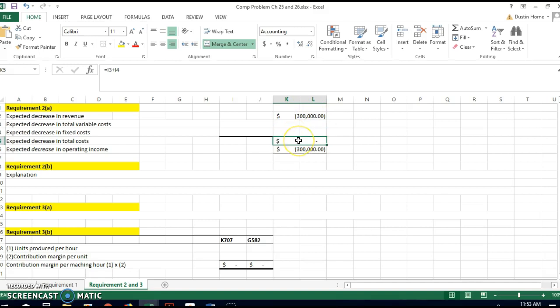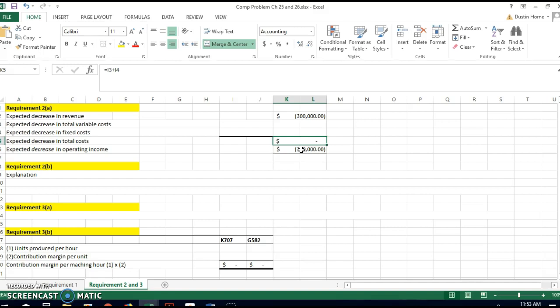Add up your total fixed costs. Now these are total cost, so you don't make it negative. The only reason the revenue is negative is because it is a loss. Add those two up, enter those costs, no parentheses, add those up, and then you will see that operating income is going to be a negative number, so operating income is going to decrease.